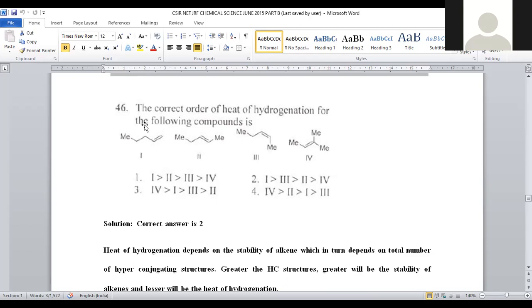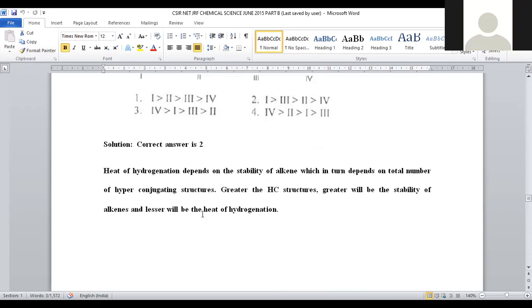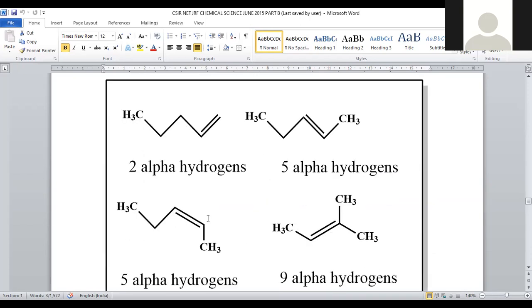Those hydrogens will give stability by the delocalization of sigma electrons. So this is an exceptional case. Pi electrons generally will delocalize, but alpha hydrogens with respect to the double bond will participate in sigma bond electron delocalization. That is said to be hyperconjugation. The more the number of hyperconjugative structures, the more stability the compound has.